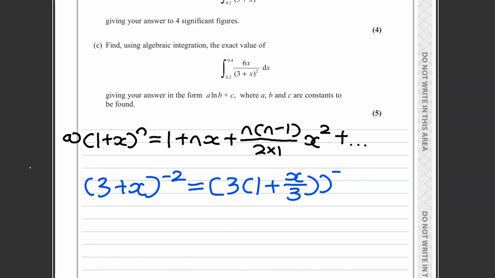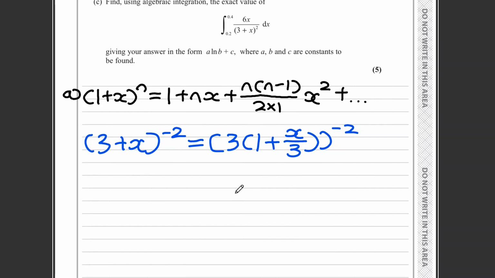Remember, all of this is to the power of minus 2, including this 3 here, and then we can simplify this because 3 to the power of minus 2 is equal to 1 over 9. So this is going to be 1 over 9, 1 plus x over 3 to the power of minus 2.